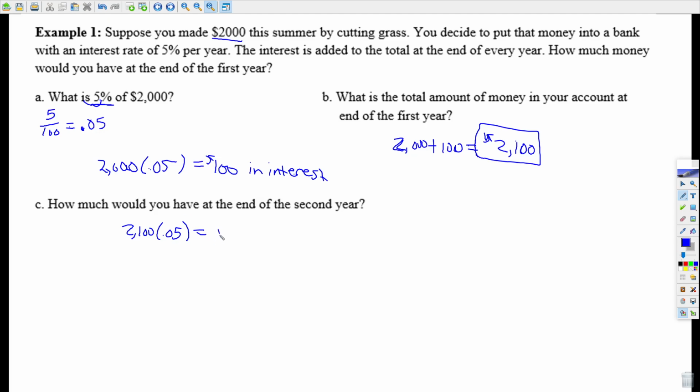So that is $105, which would be our interest. And we would then add that to our old total from the year before, 2,100. So this would be 2,100 plus 105. Now we're up to $2,205. This would be after 2 years.